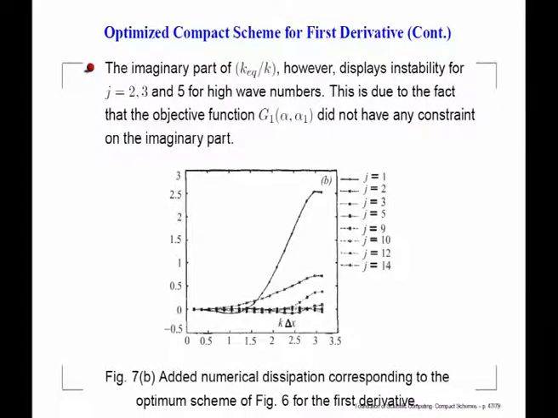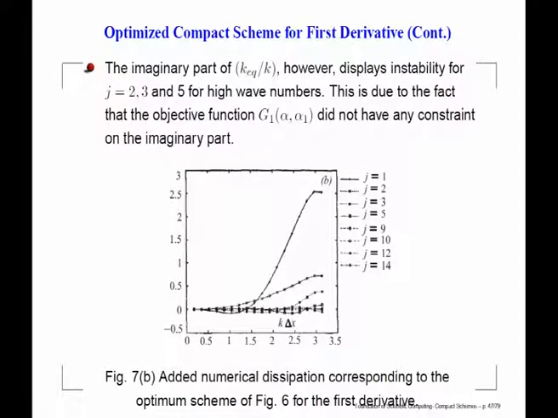However, if you plot the imaginary part, this is what it is, and this is not very encouraging at all, because you can see for j equal to 1, you have very severe instability for any kh above 1.5, right? And if j equal to 1 is not considered important, then you look at j equal to 2, 3, 5, etc. They are also scale selectively unstable.